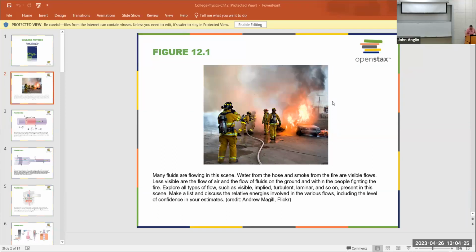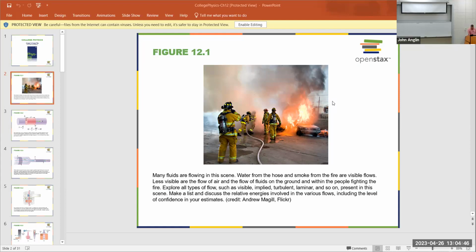You can certainly model the water as a fluid. You can look at the air in their packs as a fluid. Even the fire on this car over here, you could model it roughly as a fluid as far as how it moves and the flow and things like that.